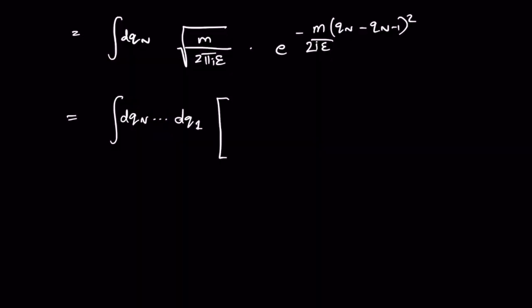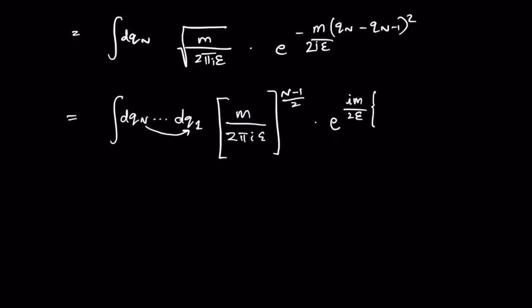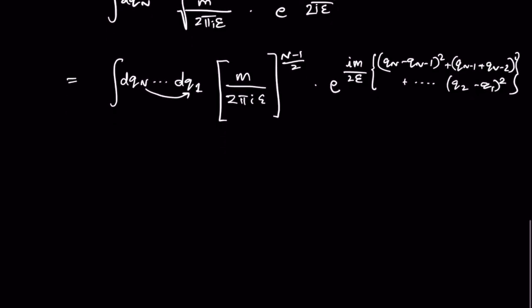And since it will be m over 2 pi i epsilon, and since we're going from n all the way to 1, we'll say it's to the power (n minus 1) by 2, times e to the power minus, okay, we'll take i to the top and we'll say i m by 2 epsilon times the summation of (q_n minus q_{n-1}) whole square plus (q_{n-1} minus q_{n-2}) whole square, and so on all the way to (q_2 minus q_1) whole square. So this is the form that we have boiled it to.